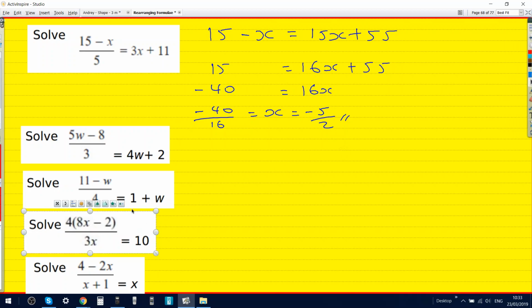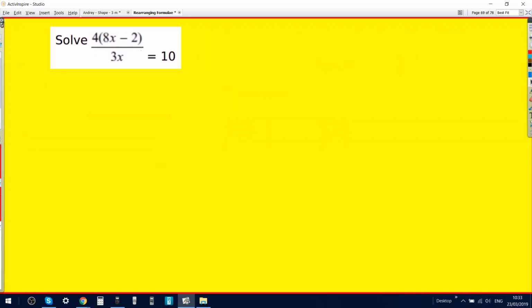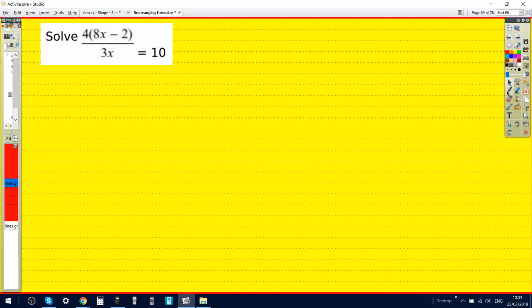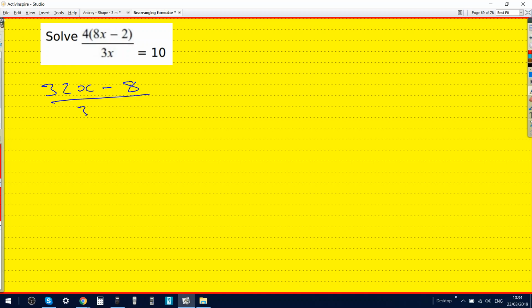All right. Let's do this one. Because there's brackets, like actual brackets, do we do the brackets first? Wouldn't hurt. So it would be 32x minus 8 over 3x equals 10.